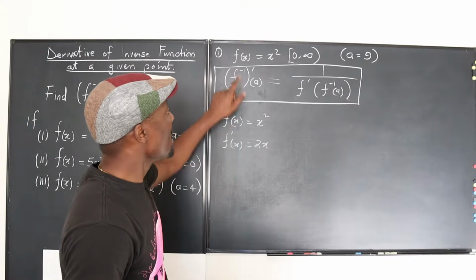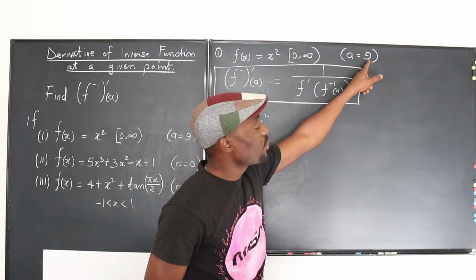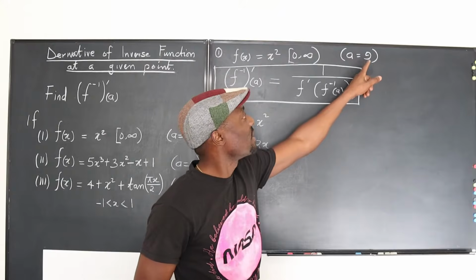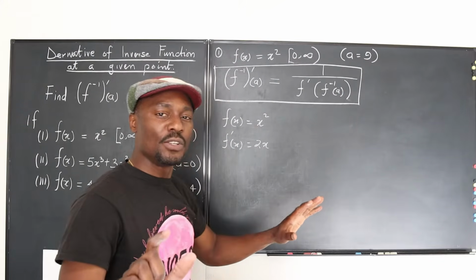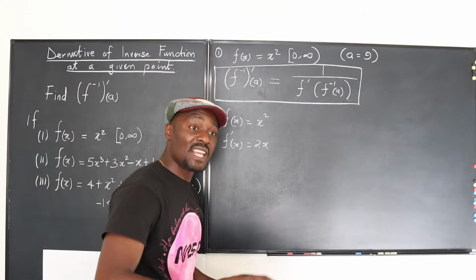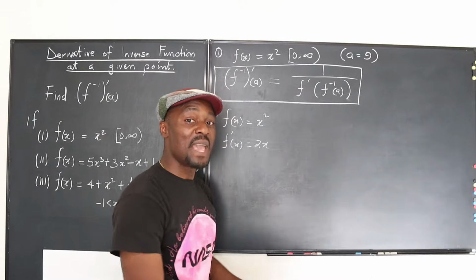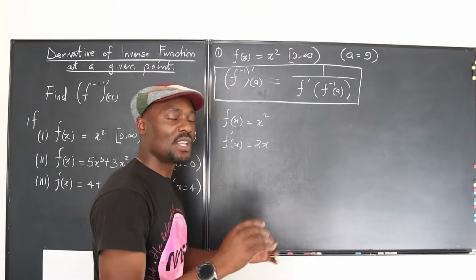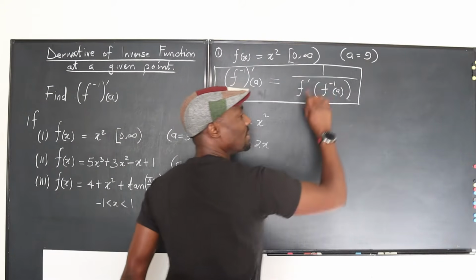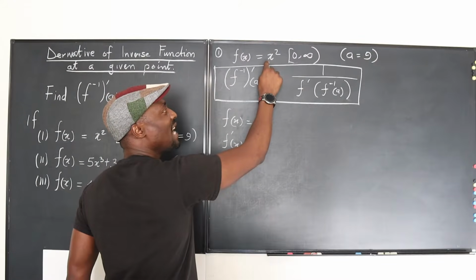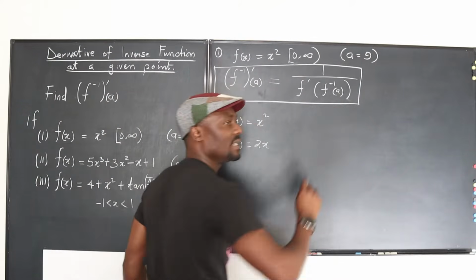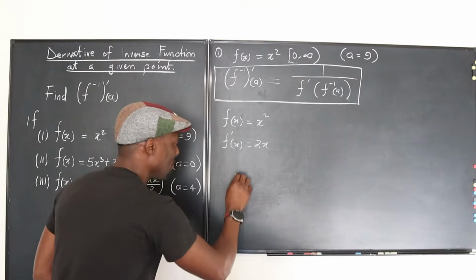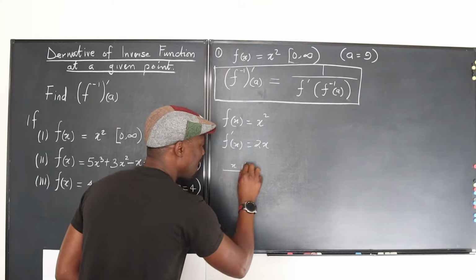Remember that you're supposed to evaluate the inverse function at 9. What does the inverse function do? Remember, the inverse function takes the old output and makes it the new input. So ask yourself, if this is the old output, what input did I use so that I would get a 9? If you forgot, just make a table, quickly. This is x, this is f of x.